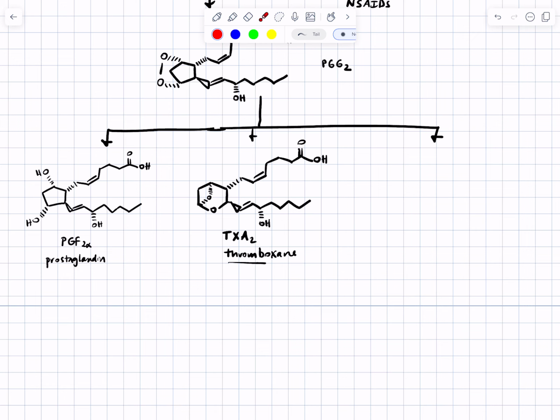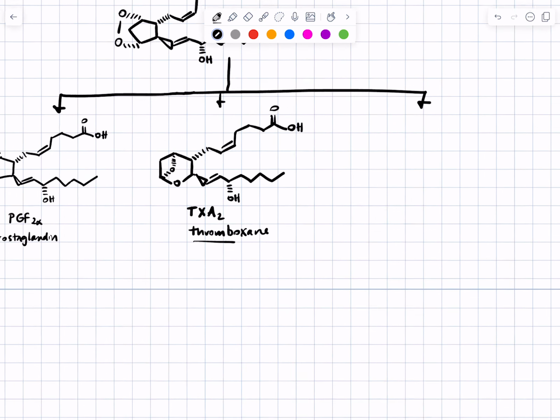They are used to signal processes, but they are synthesized very close to the desired site of activity. You don't want these floating around in your blood like hormones that are synthesized in one location and then transported through blood to a very distal location. It needs to be fairly localized.